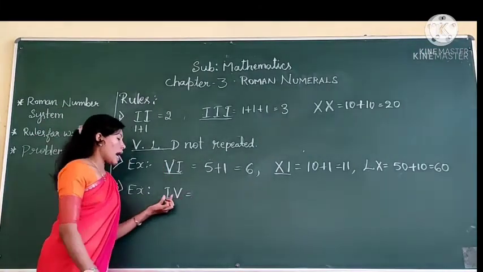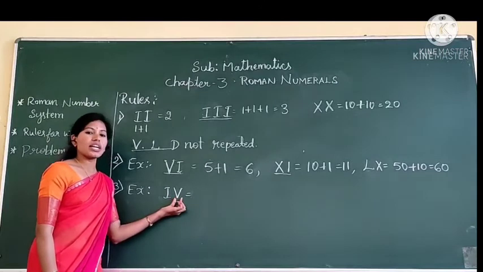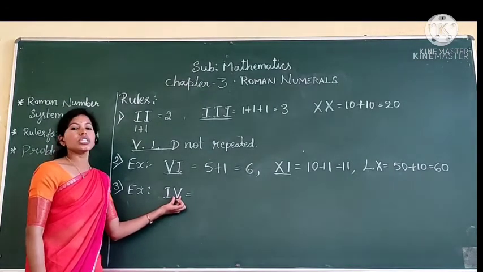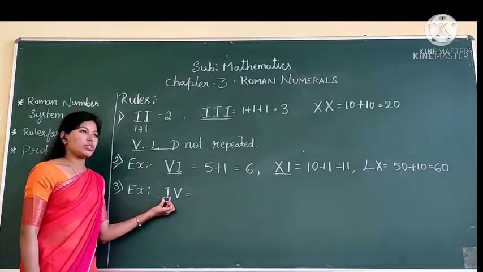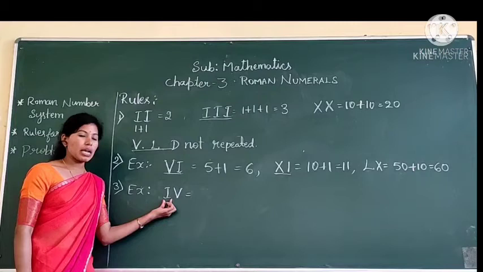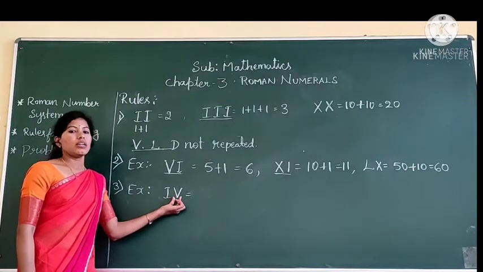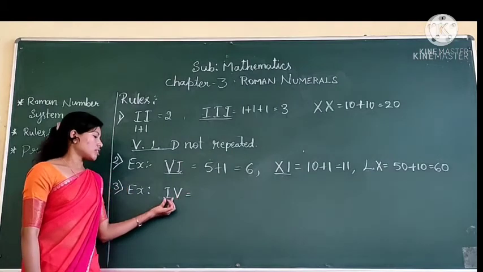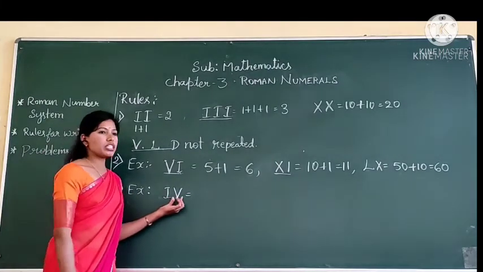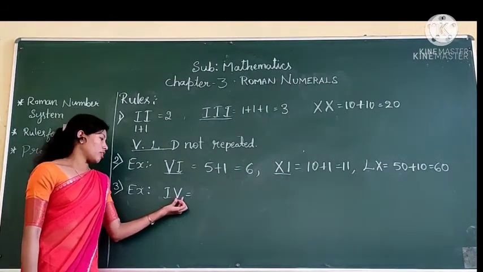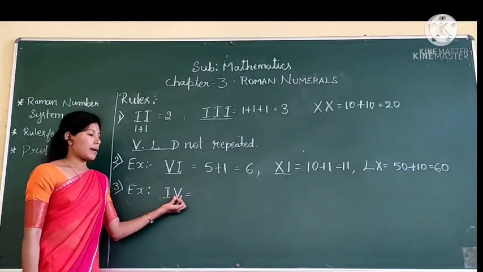Example, IV. Here V is the greater value, I is the smaller value. V value is 5, I value is 1. If we write a smaller number before the greater number, then its resulting number is the difference of the given numbers. Difference means we have to subtract the smaller number from the bigger number.